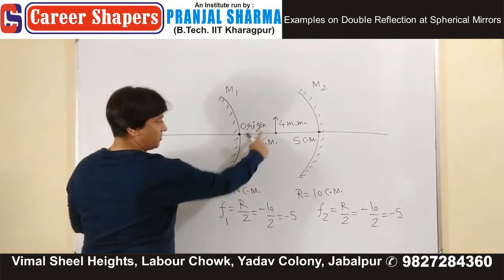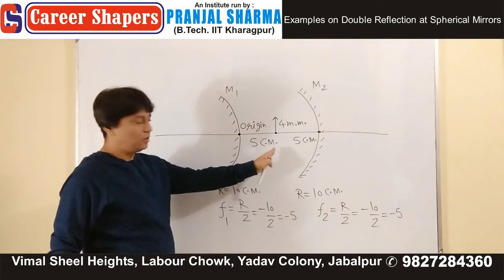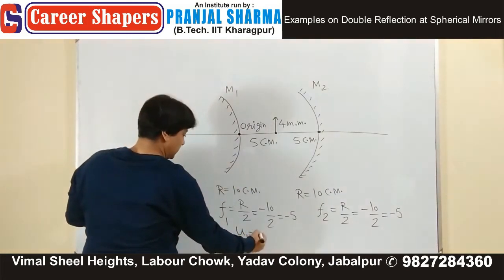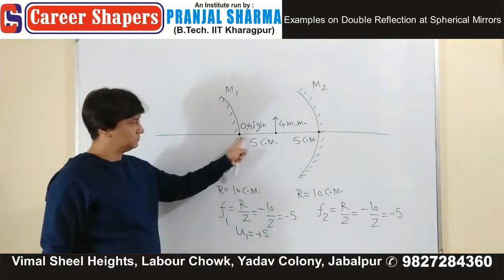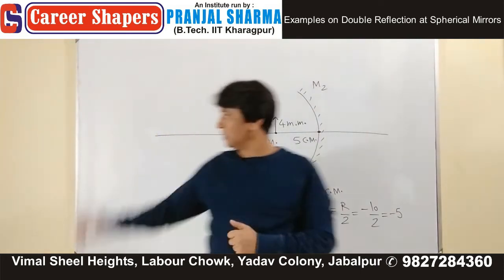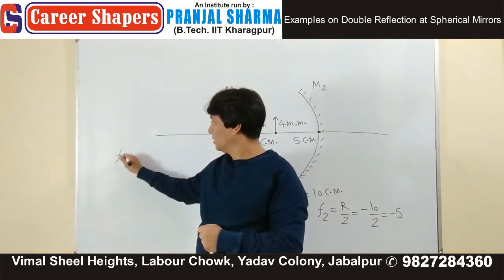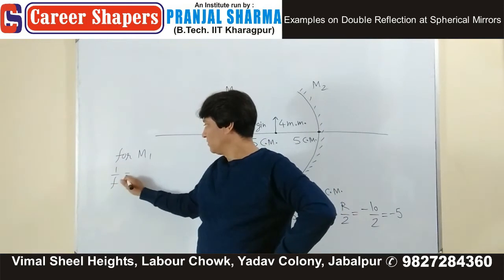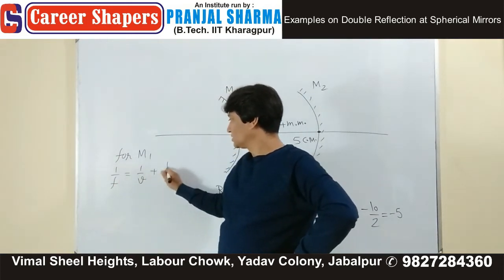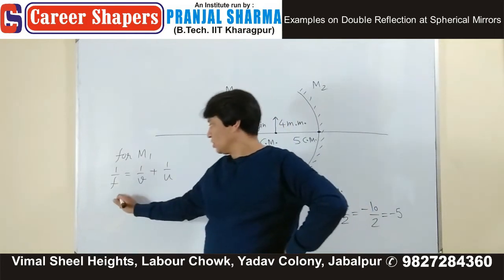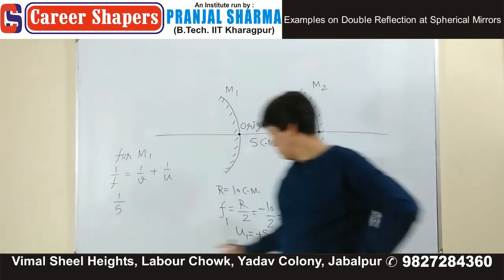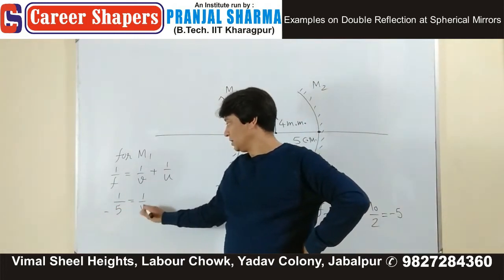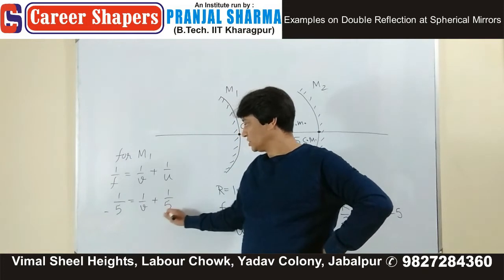What is distance of object? 5 centimeter on the right side, and therefore U1 is +5. For M1, 1 upon F equals 1 upon V plus 1 upon U. Focal length is coming minus of 5. 1 upon V plus 1 upon U is coming 5.